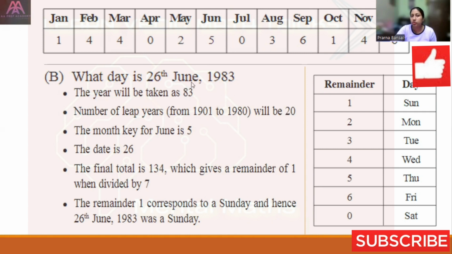Then month is June. For June, what is the month key? For June, month key is 5, right? So, and our date, which is given 26. You will write 26. After that, you will add all these 83 plus 20 plus 5 plus 26.